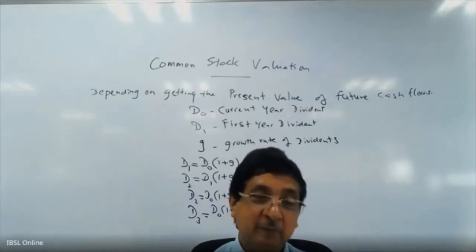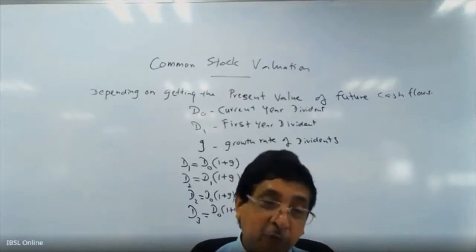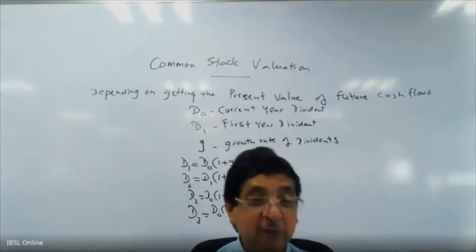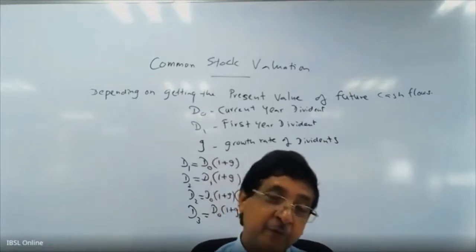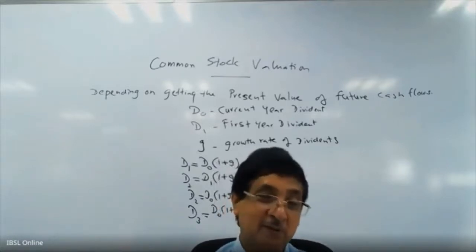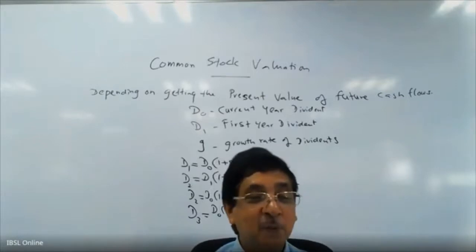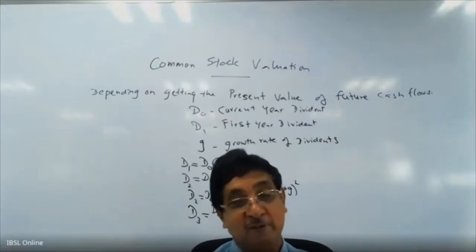So with that, we try to get the total of present values of those dividends, assuming that we will have a lifetime of an infinite number of years for that particular stock. Then we have to go by the present value of the cash flows.